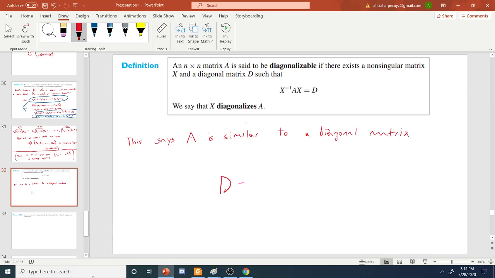And our diagonal matrix D might look something like lambda 1, lambda 2, and so on up to lambda n along the diagonal.